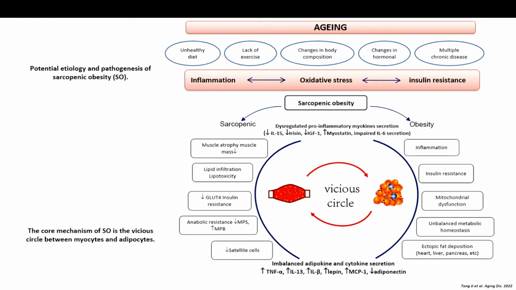This fat will be utilized through beta oxidation, and when that is impaired, it will lead to mitochondrial dysfunction and generation of oxidative stress. That will also lead to more adiposity, with unbalanced metabolic homeostasis and ectopic fat deposition. When fat is in excess, it will spill over to other systems as well.